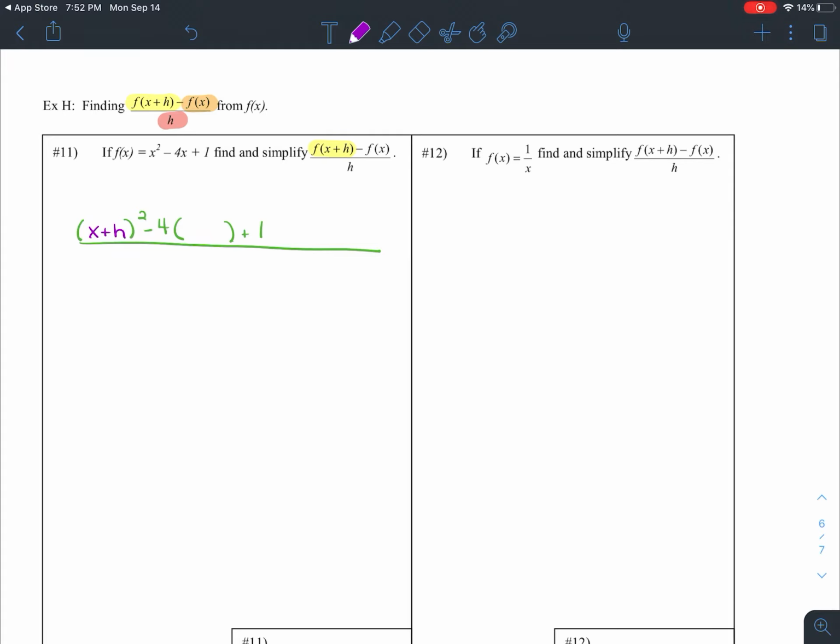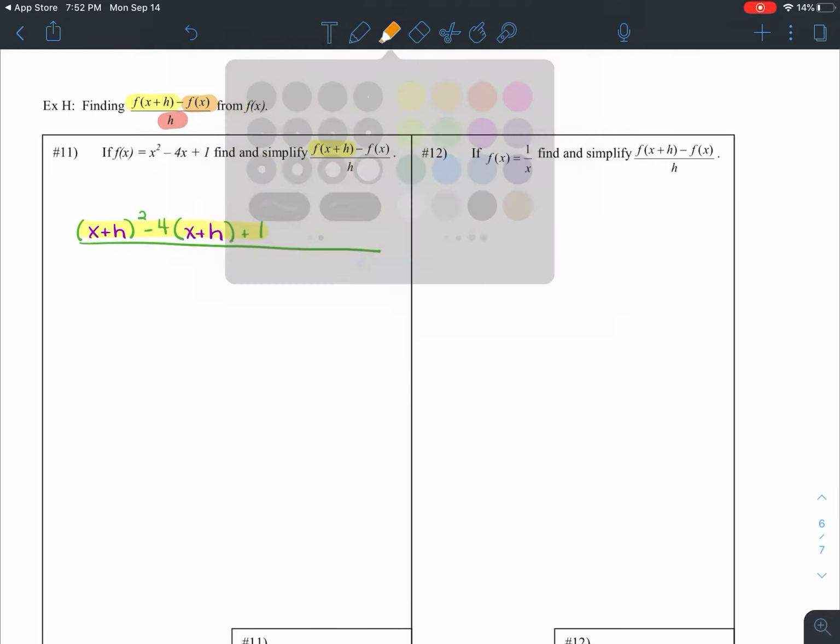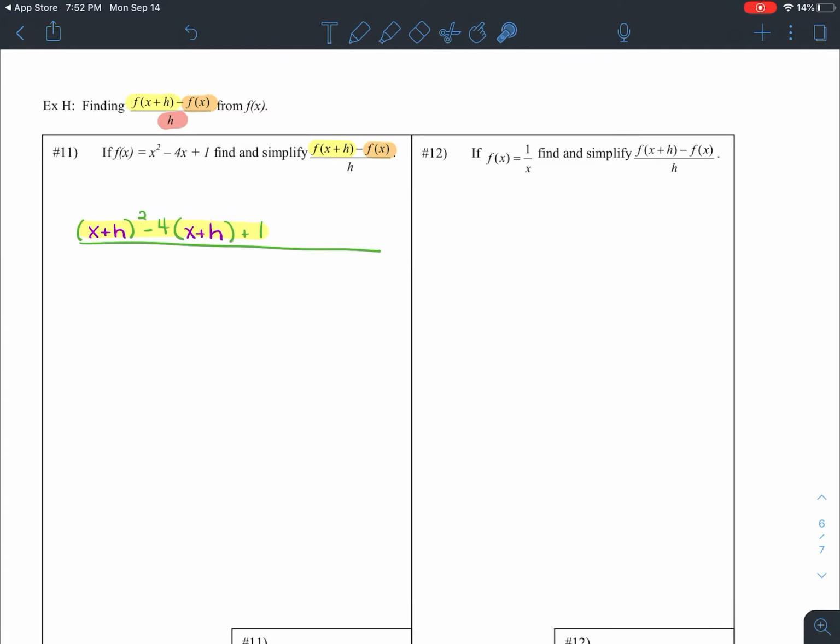So I like to write out where the x's are with parentheses, and then I'm going to substitute an x plus h in there and an x plus h right there. Okay, just to keep things color-coded and highlighted so this is easy to follow, this part right here in yellow is me doing this f of x plus h.